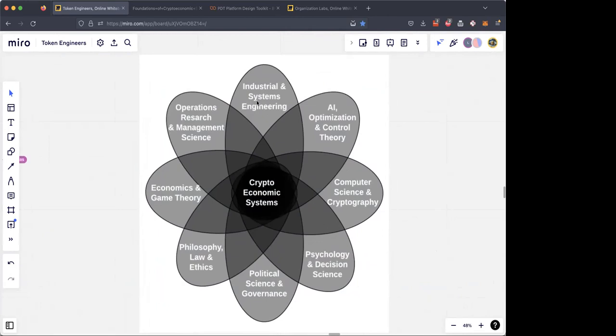So it contains some industrial and systems engineering, some operations research and management science, economics, game theory, philosophy, law, ethics, political science, governance, psychology, decision science, computer science and cryptography, AI, optimization, control theory. So it contains a bit of all of those things. They found similarities within these academic fields in crypto economic systems.